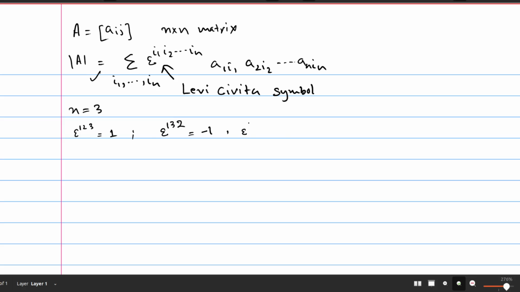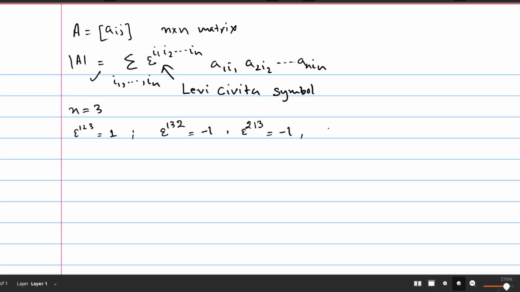Similarly, we have epsilon 2 1 3 equals minus 1, because it also involves an odd number of interchanges. If we interchange 2 and 1, we get 2 1 3, so only one interchange is involved, and we get minus 1.